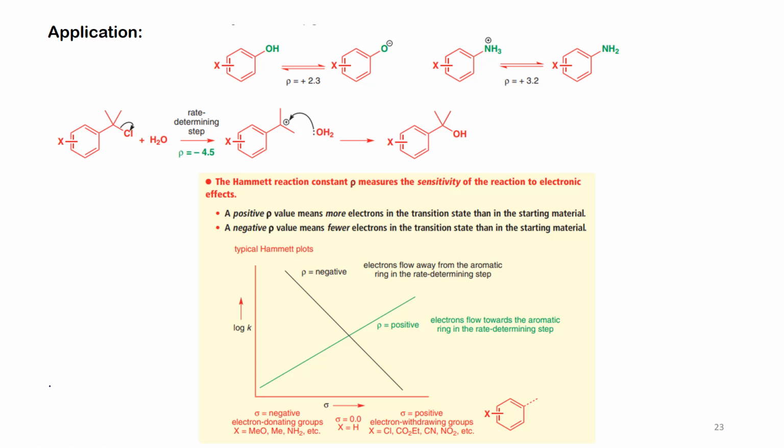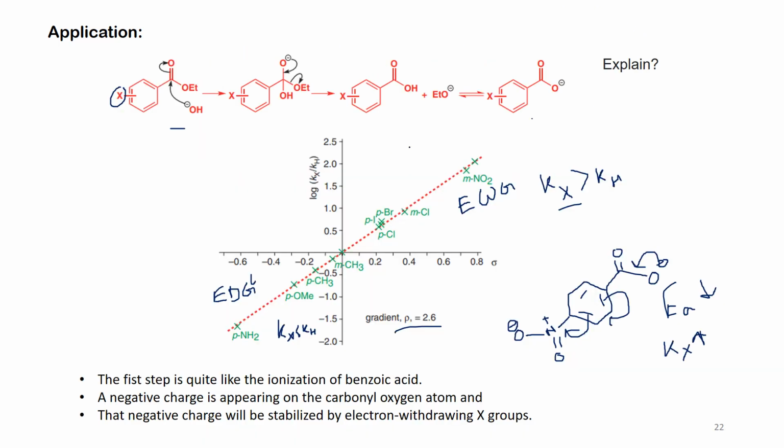So if we take this benzoic acid deprotonation reaction, and some other reactions like this phenol deprotonation reaction, in that case also the rho value is positive. You can see from this diagram that the rho value is positive.